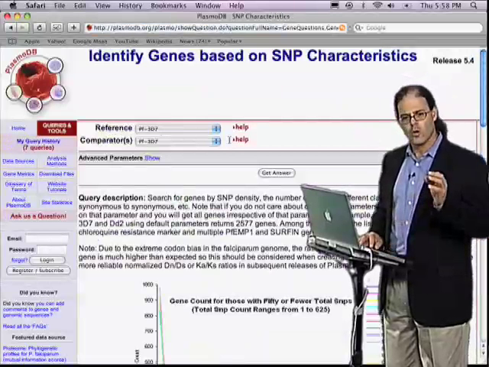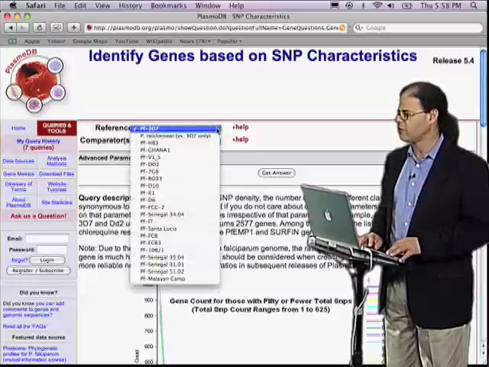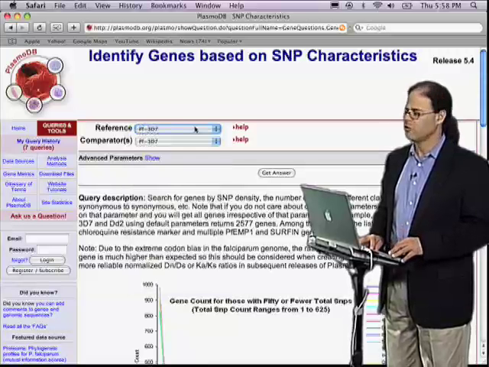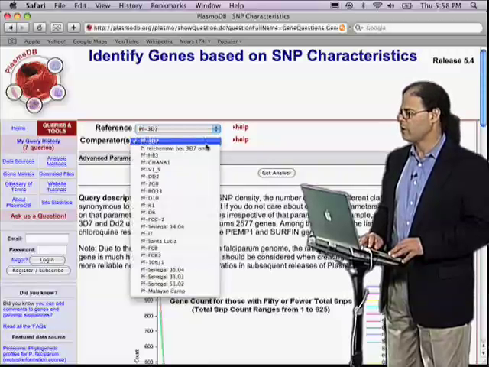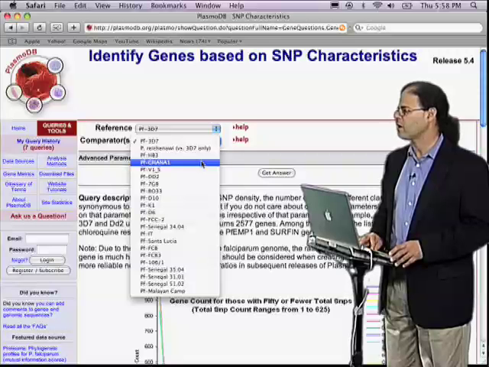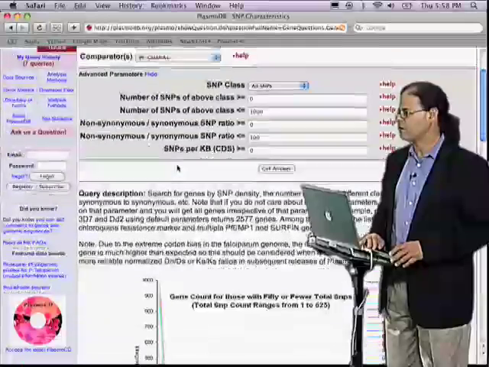And so we'll consider comparing any two strains of our choosing, and I'm going to compare the reference strain, 3D7, the strain whose complete genome was first sequenced, with a field isolate from Ghana, the Ghana 1 strain. And we can set our parameters in various different ways.